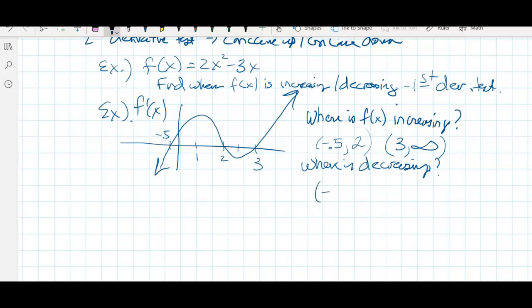So it's decreasing from negative infinity because the graph is below the x-axis. From negative infinity to negative 0.5 and between 2 and 3, correct? Okay, notice I'm not including these endpoints because what's happening there? At those points, it's neither increasing or decreasing. It has a derivative of 0.